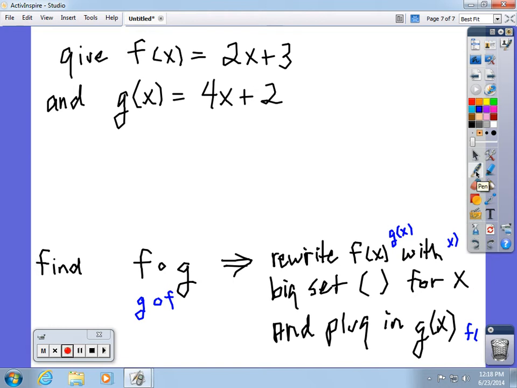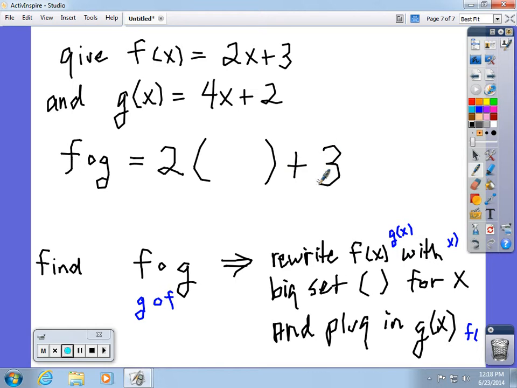Okay, here we go. So, f composed of g. I'm in a hurry, that's why I can't do anything right. All right, f composed of g. Here we go. I'm going to rewrite f with a big set of parentheses plus 3, and I'm going to take g and plug it in right there.